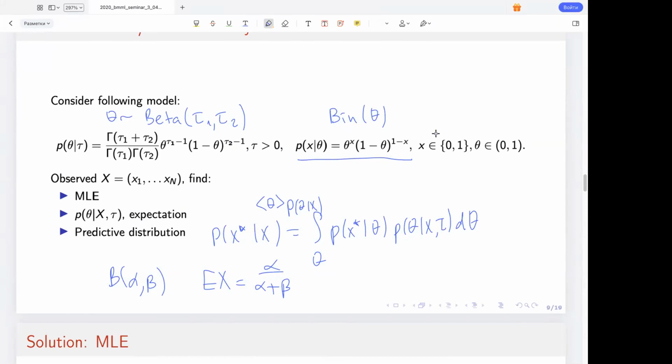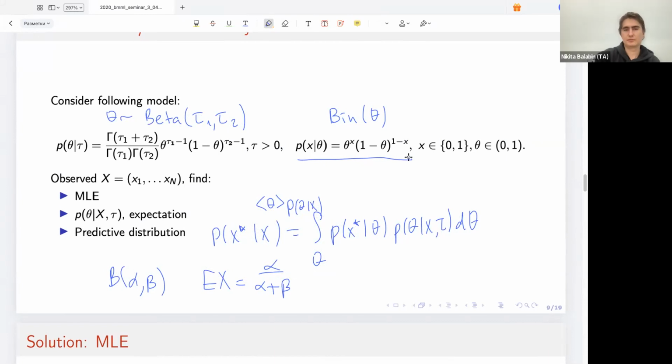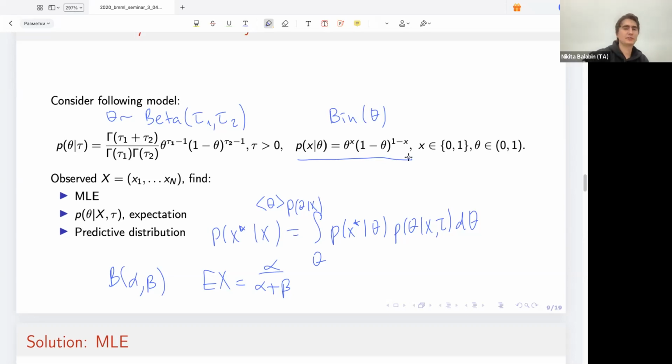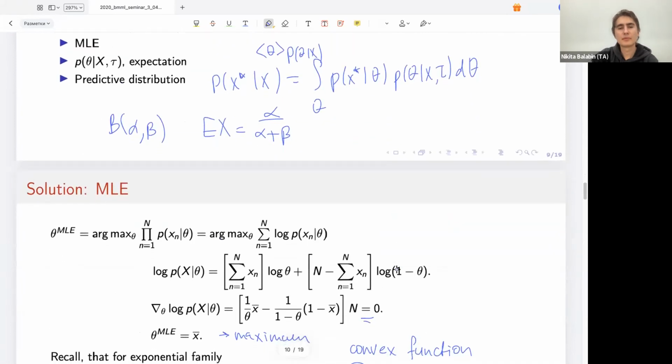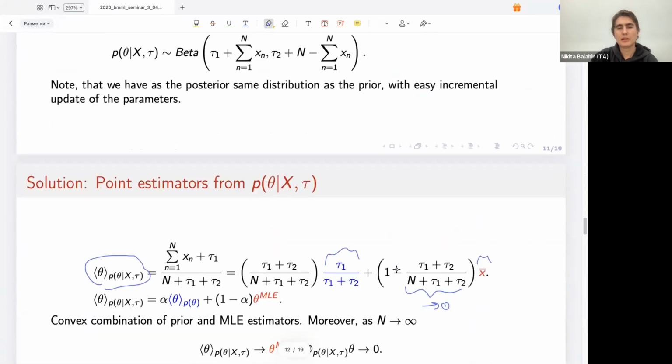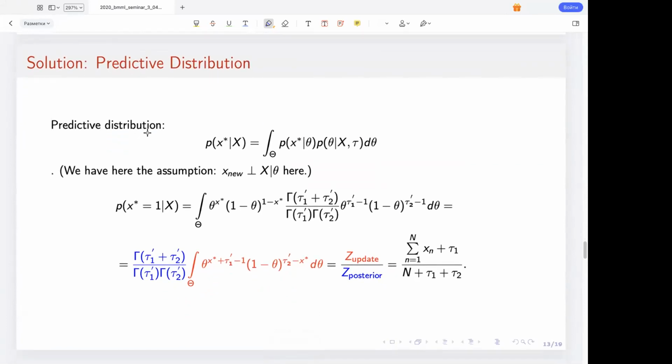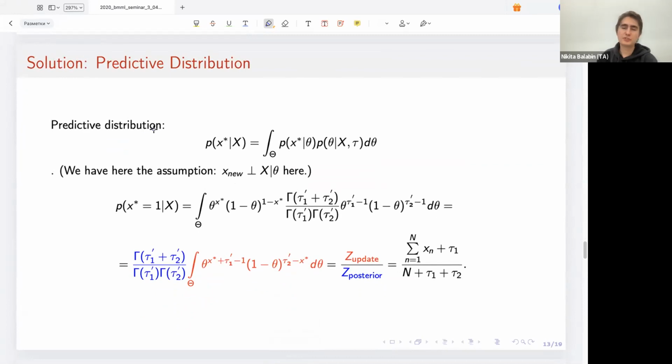So MAP is the mode of the posterior distribution? Yes. No, not mode, just maximum. It is different terms, mode and maximum. But mode is the maximum because mode is the most probable. Okay, I understand. Yes, in this way. Okay, you're right, sorry. Yeah, we just need to find the expectation.